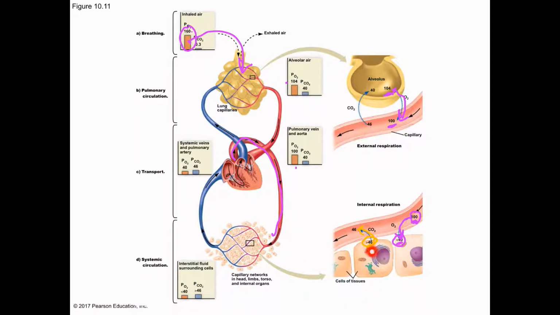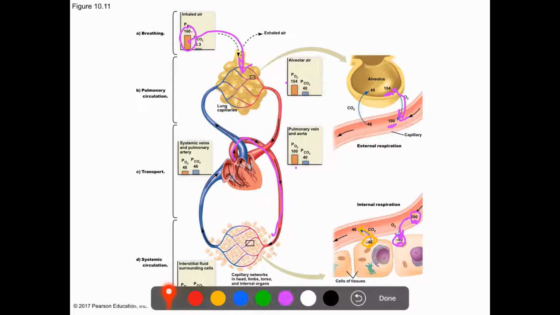So CO2 would move from an area of high pressure to an area of low pressure, and it will continue through the systemic circuit all the way to the alveolus. The partial pressure of CO2 in the alveolus is around 40 to 46, but in the outer air it's 0.3.